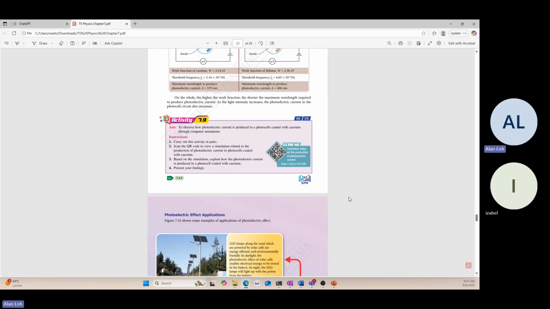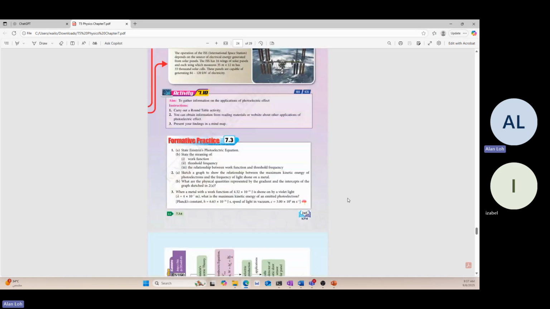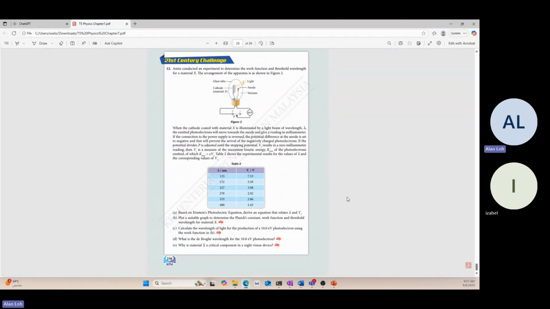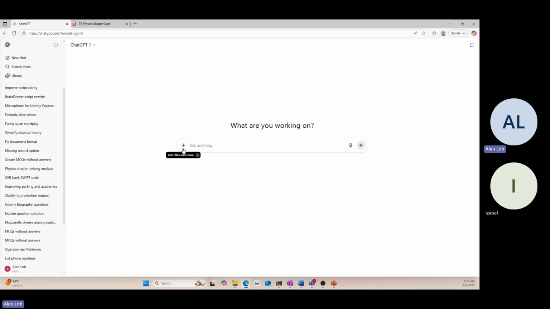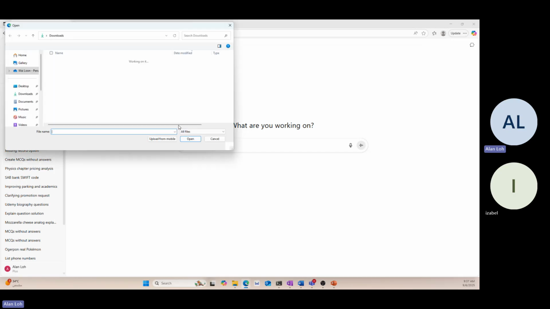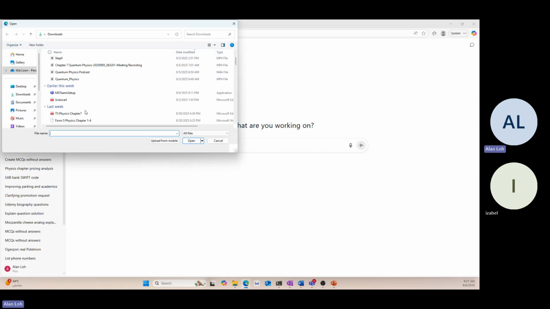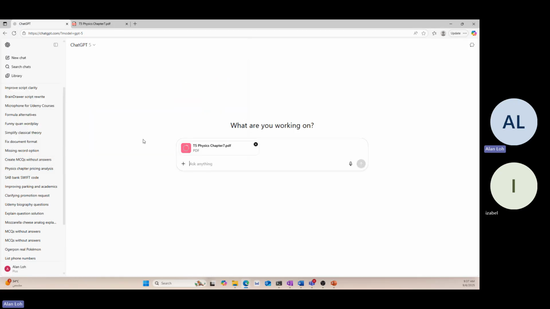So now these are the textbooks for Form 5. Form 5 is year 11, chapter 7. Now what I'm going to do is upload chapter 7, the one that we saw just now, into ChatGPT.